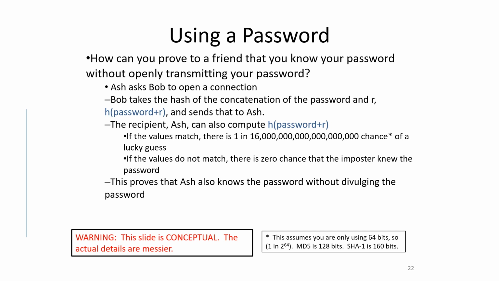In reality, it turns out that the details of how that password authentication works vary a little bit depending on whether you're logging into Microsoft Active Directory or Novell file servers. But the important point is that if the values match, it wasn't a lucky guess.